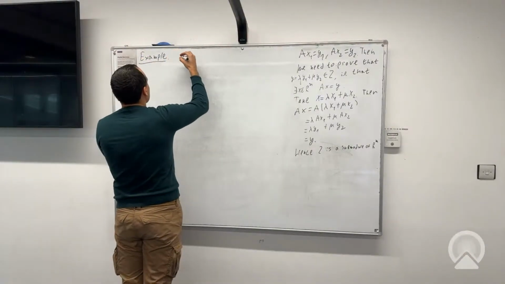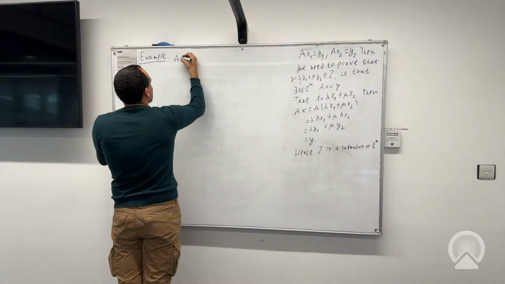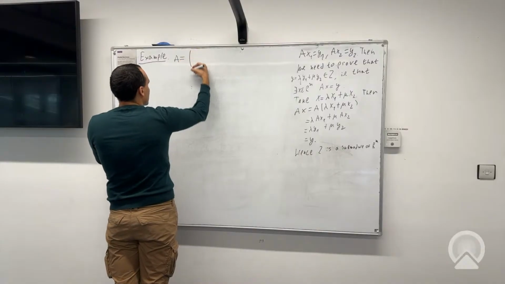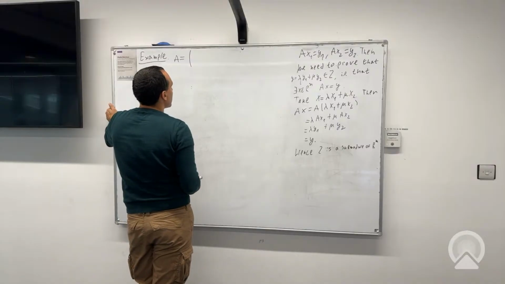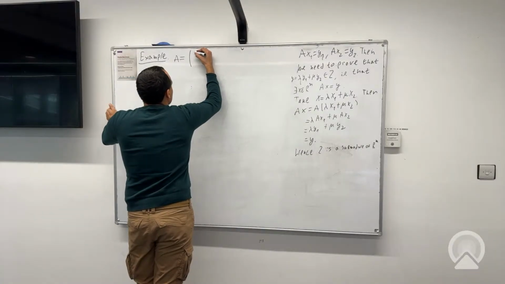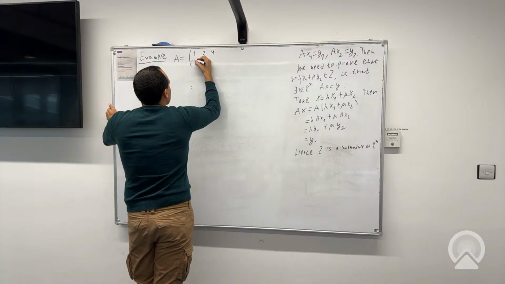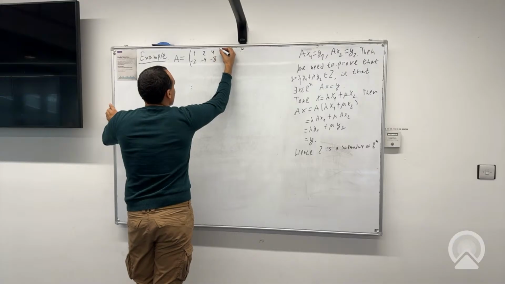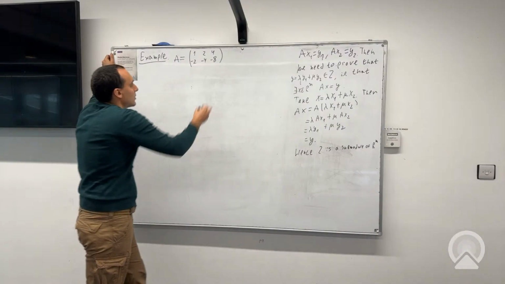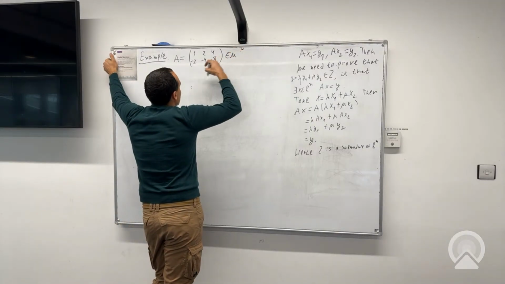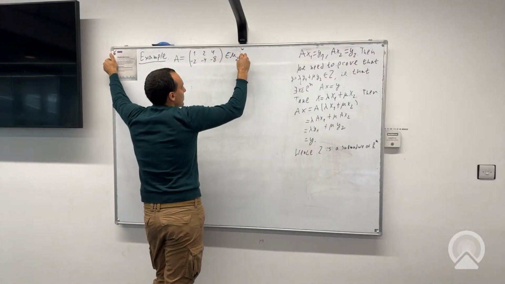For instance, A is the following matrix with 2 rows and 3 columns.